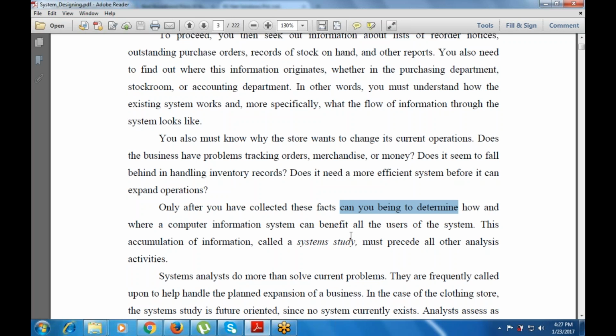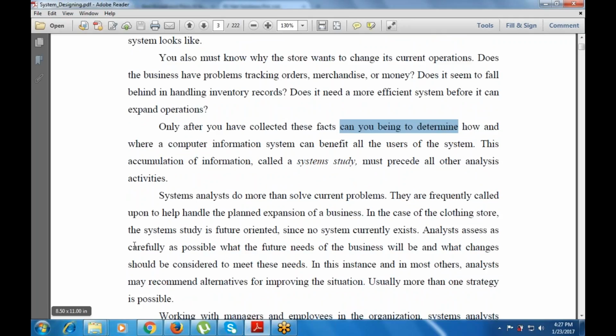The analysis assesses as carefully as possible what the future needs of the business will be and what changes are required to meet those changing needs. In this example and in most others, analysts may recommend alternatives for improving the situation.